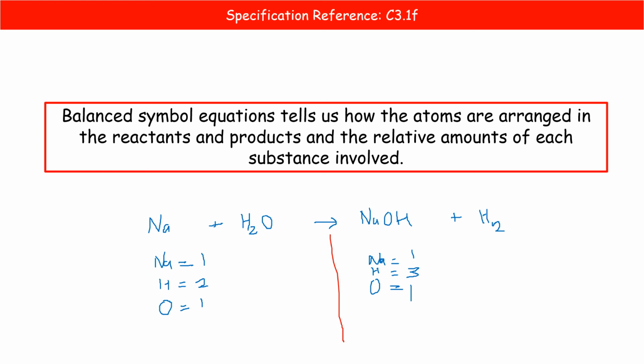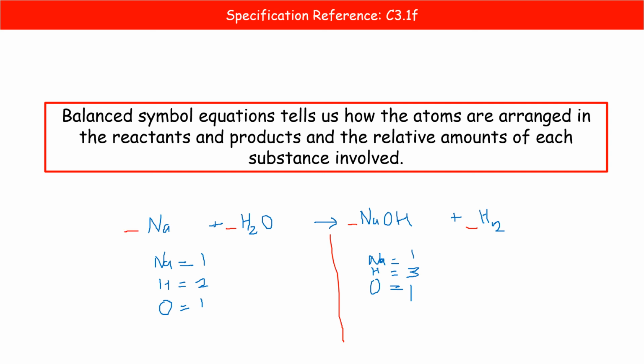So what can we do? Well, if we've obviously got 3 on the right, we're going to have to add more hydrogens. So if we think about how we can do this, then we can only put numbers in these locations. So you can put a number in front of the hydrogen, number in front of your sodium hydroxide, number in front of the water, number in front of the sodium.